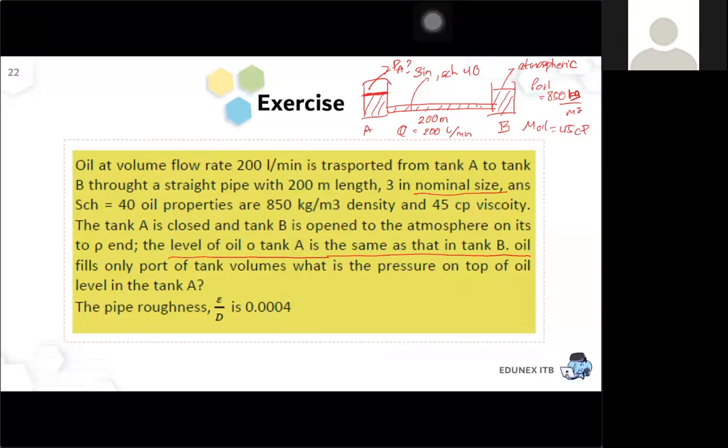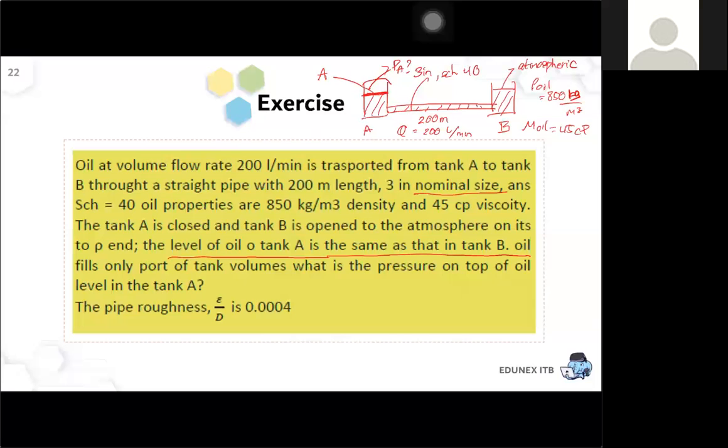Can we use the Bernoulli equation? Yes, correct. So you need to derive the Bernoulli equation between which points? A, A is here, okay, and B.